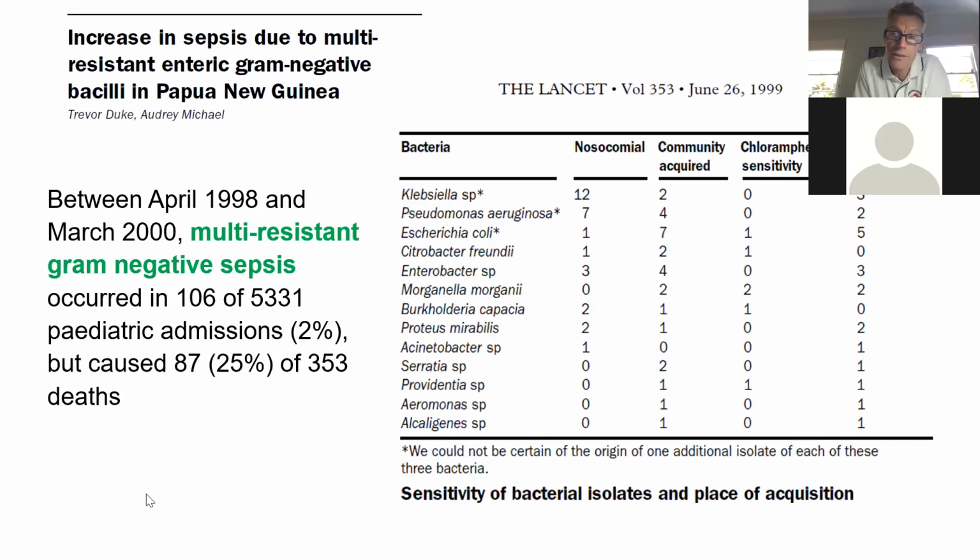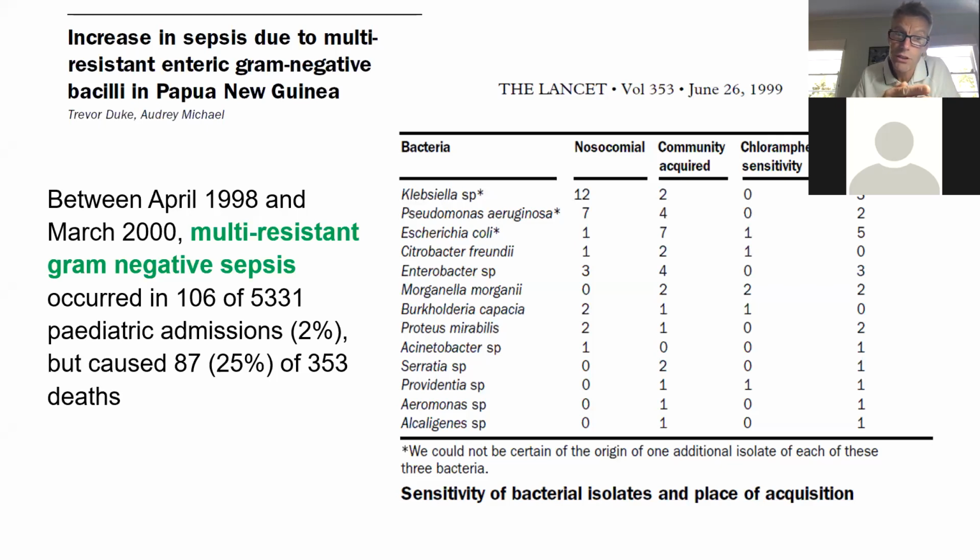I first started getting interested in antibiotic resistance about 25 years ago, when we noticed that a disproportionate number of children who were dying had antibiotic resistance. This is in Goroka, when these organisms started to emerge.